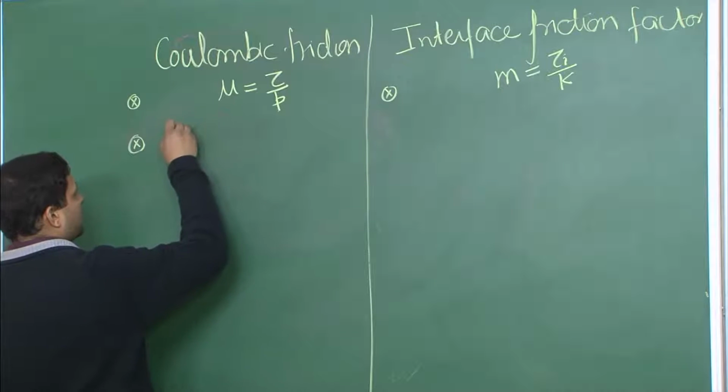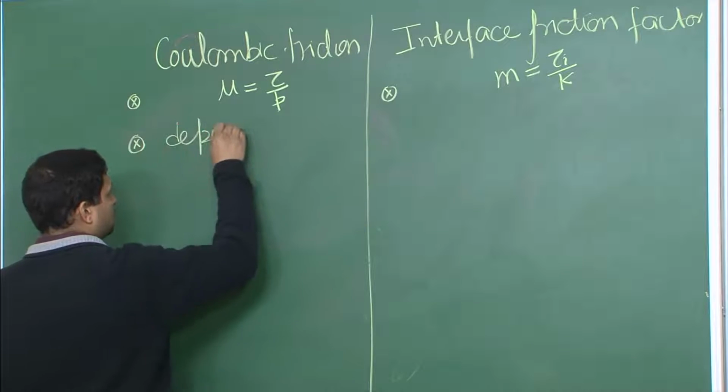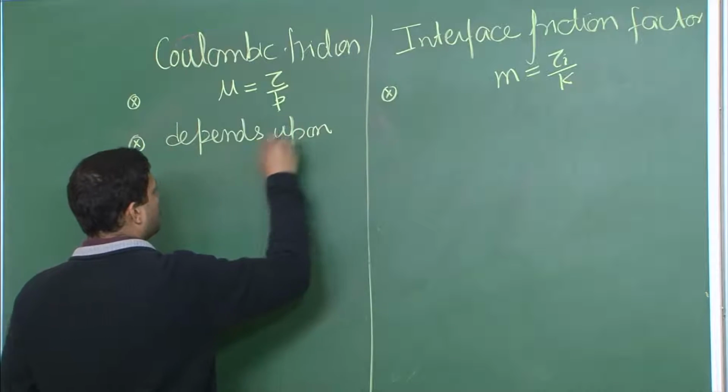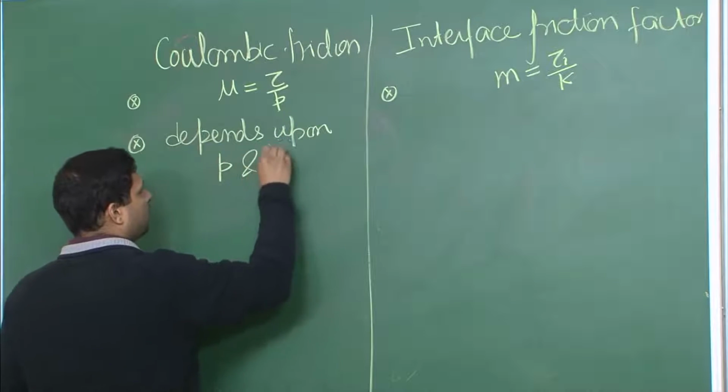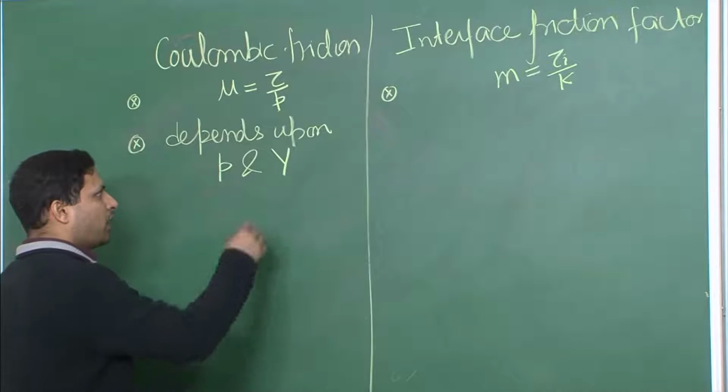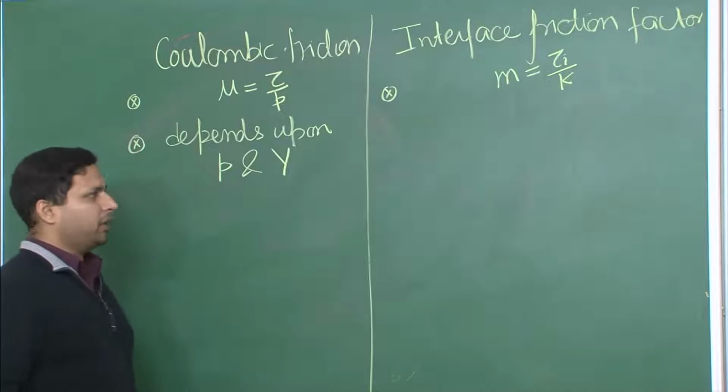In general, mu depends upon P and Y. P is the normal pressure that you are applying, and Y is the yield strength of the material.